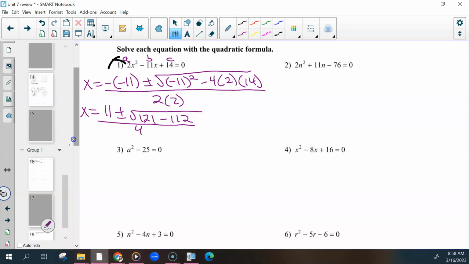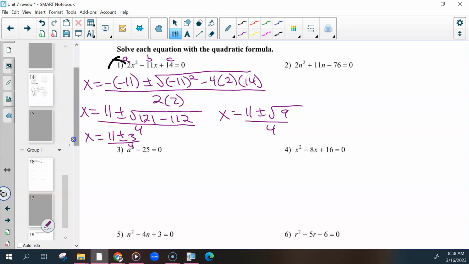And then 121 minus 112 is what? Is 9 a perfect square? Yes, and we would get what? 3. So 11 plus or minus 3.